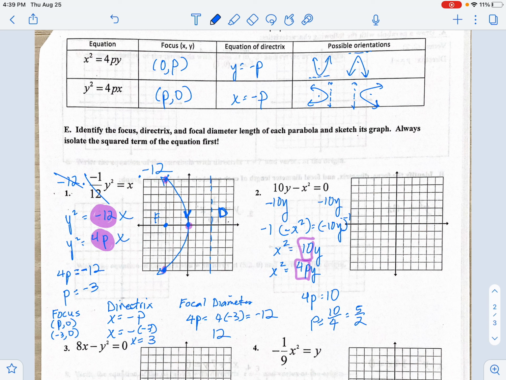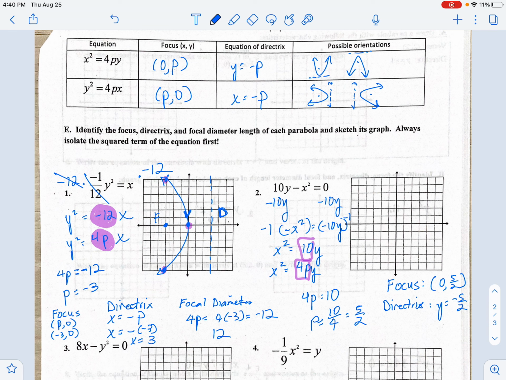With that value, we find focus, directrix, and focal diameter. So just reference these. Focus will be 0, 5 over 2. Directrix will be y equals negative 5 over 2.